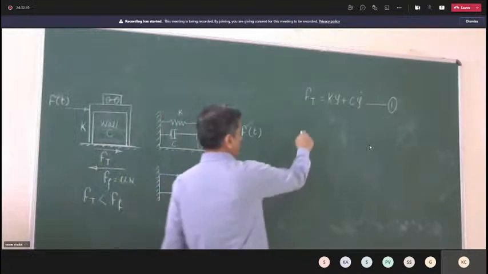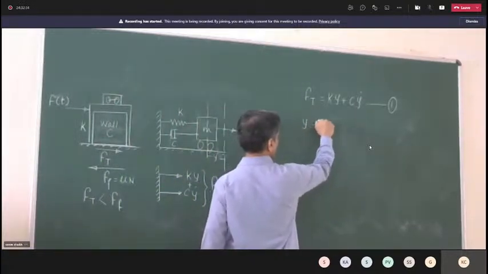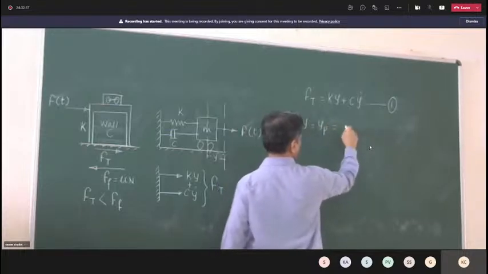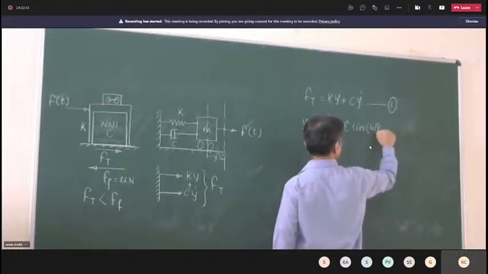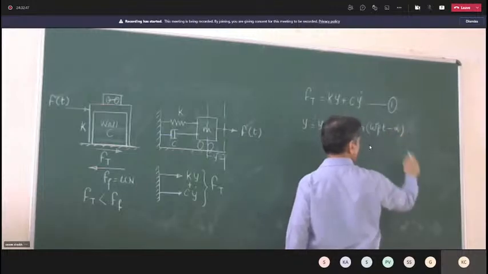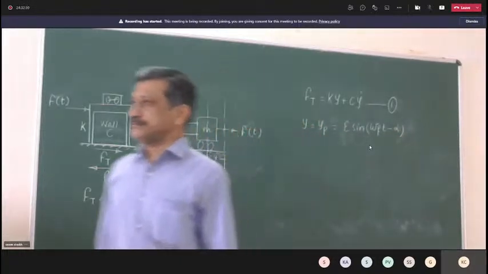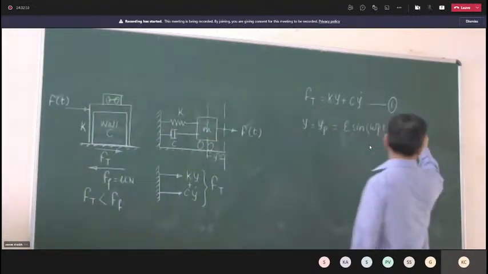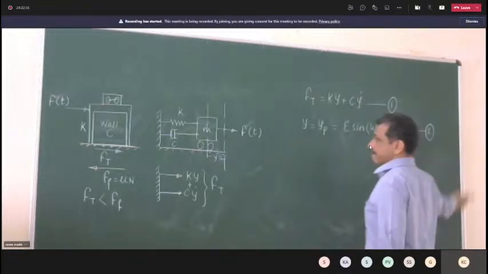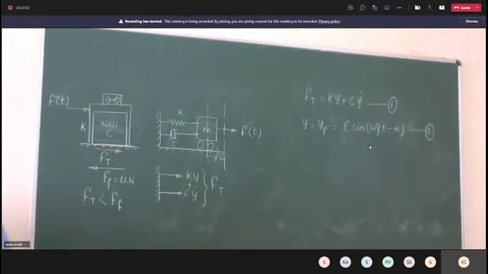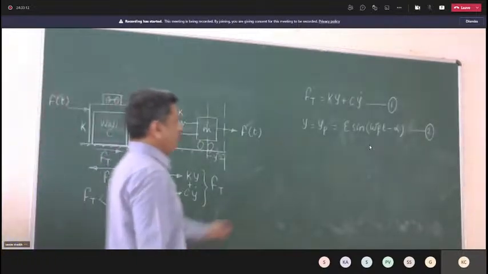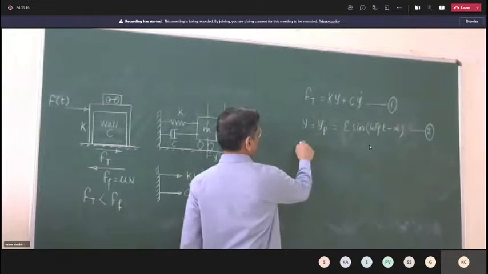And yesterday we had derived equation for y, and we have said y is approximately equal to yp, and that is equal to e sine omega f t minus alpha. Let me call this as equation 2. Now, before I substitute this y in equation 1, let me find y dot.